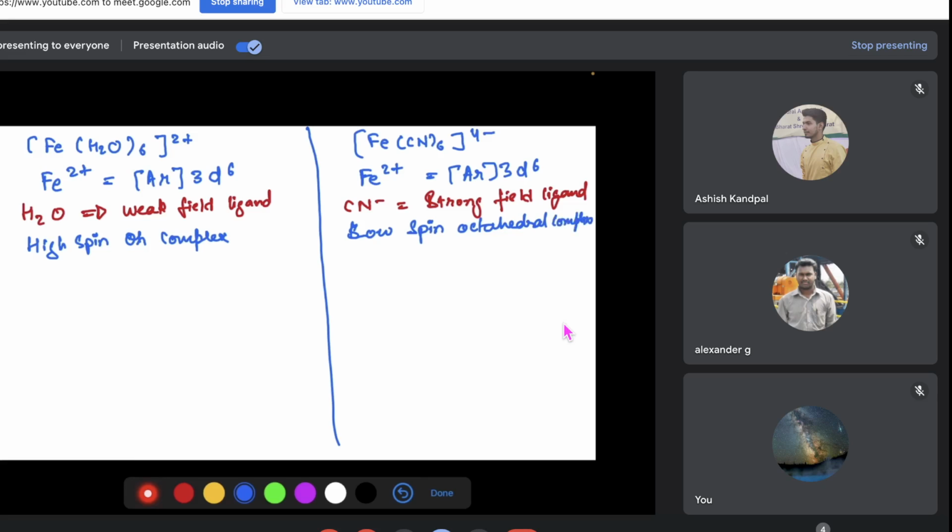I can just show the eg and t2g levels for each, and the filling will be, for high spin, 1 2 3 4 5 6, and for low spin, 1 2 3 4 5 6. Correct?